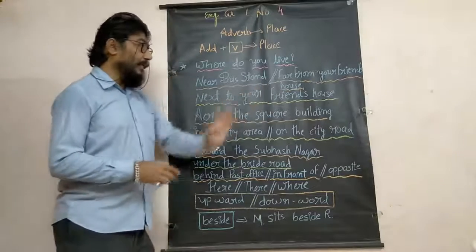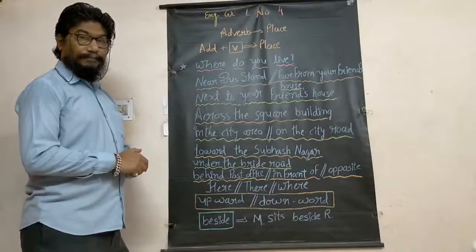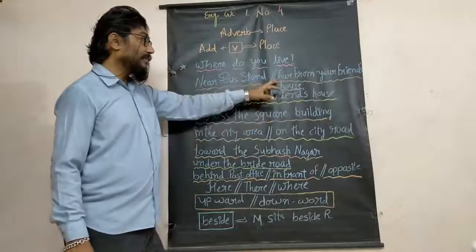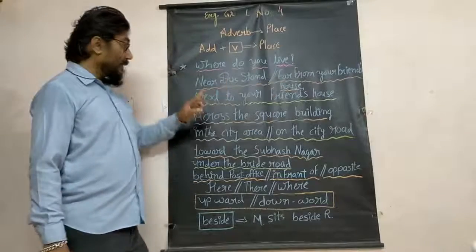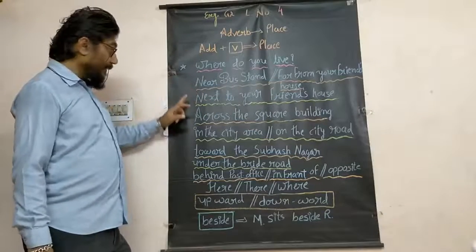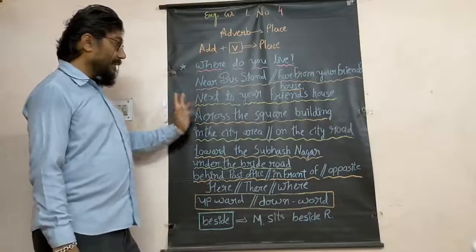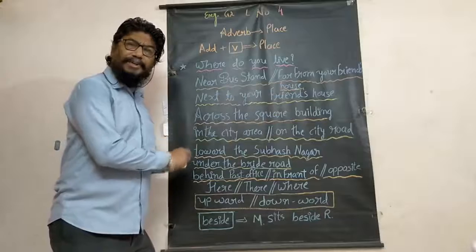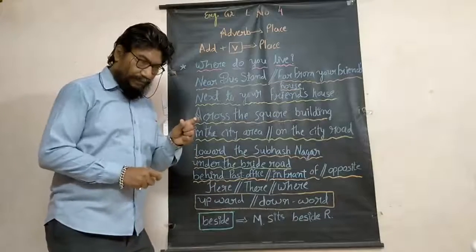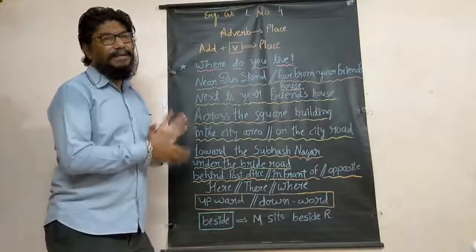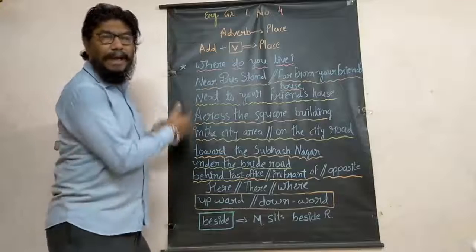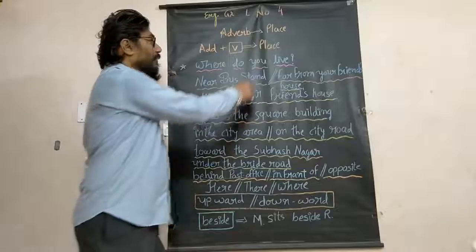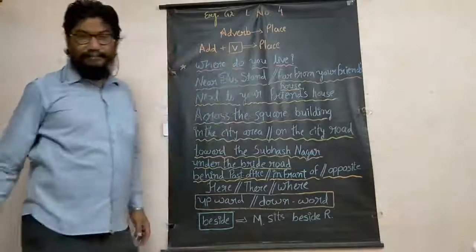Next to your friend's house. Far from your friend's house. Next to your friend's house. Everywhere I will be here with you. Adverb with place. Somewhere else, somehow, I will be here with the preposition, and that preposition will be only and only for place.